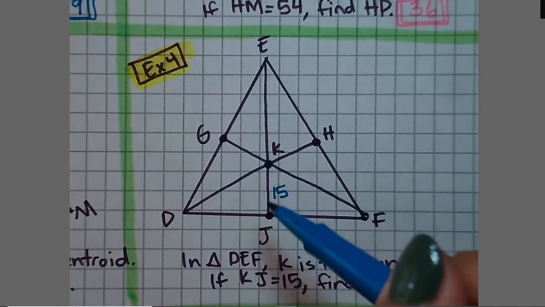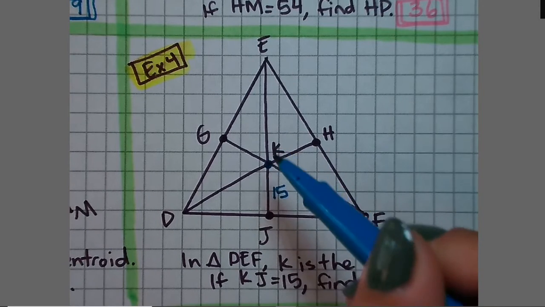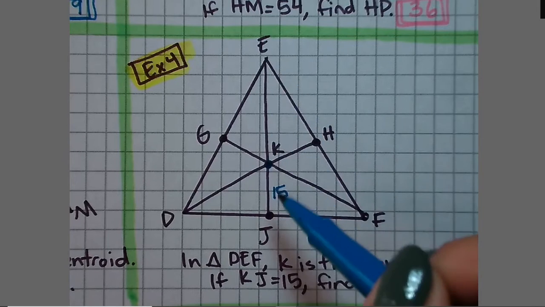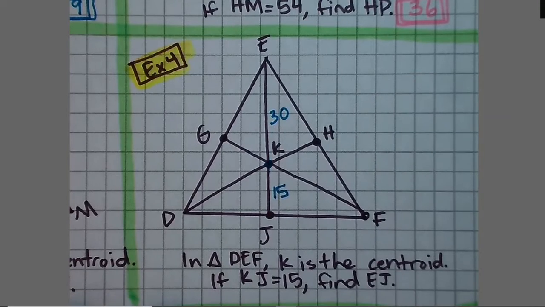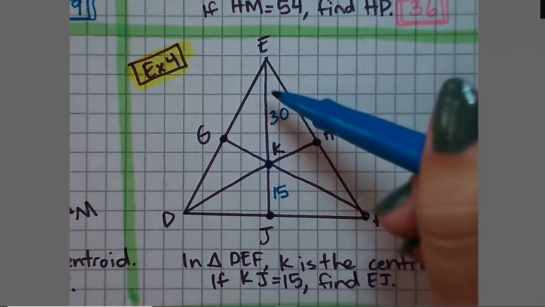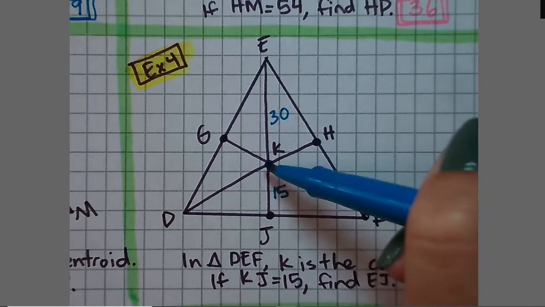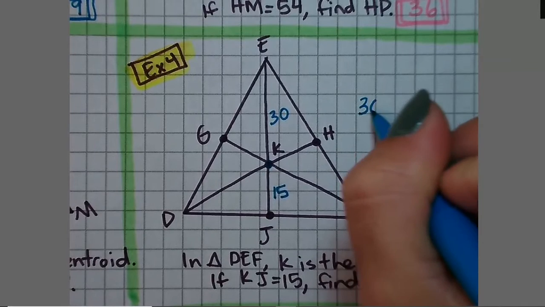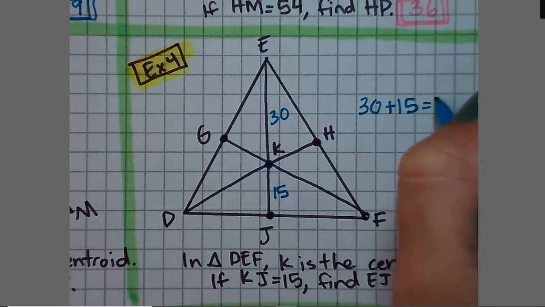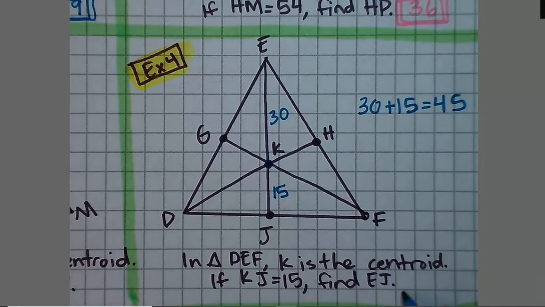So since this is 15, then we know that this one right here is going to be double that. So if this is 15, then this one's going to be 30. And since it's asking us to find the entire segment EJ, then we're going to add these two segments together. So we're going to do 30 plus 15. So this is just going to be 45. All right, and that is your answer here.